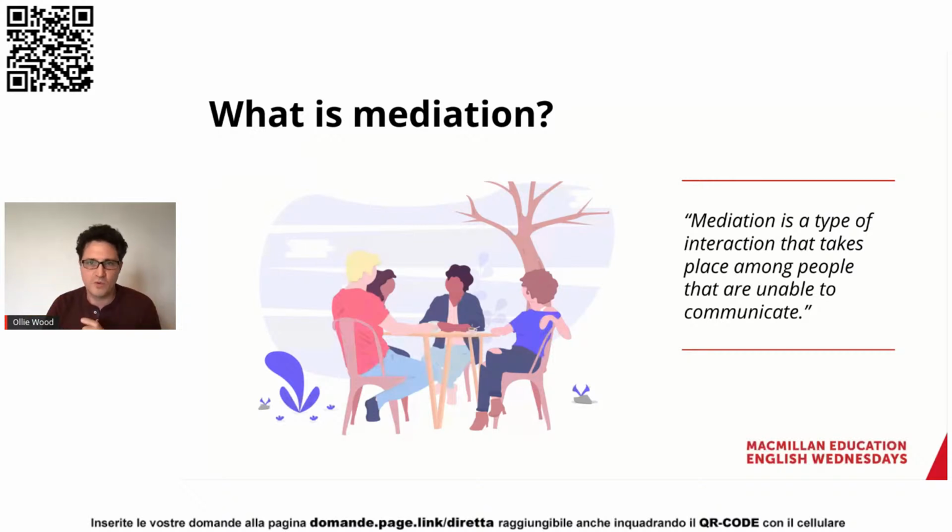Let's think back then to one of the examples that I gave. You remember the one about the elderly relative receiving a letter from the tax office? Well, obviously here, your grandfather speaks the language, but in this case, the language is too complicated and too technical.